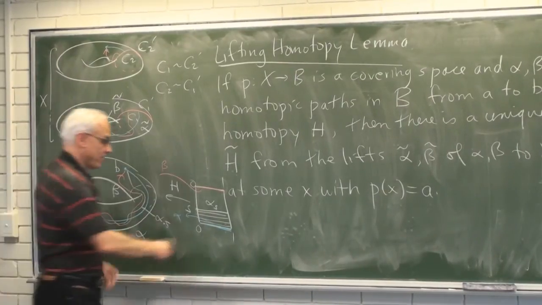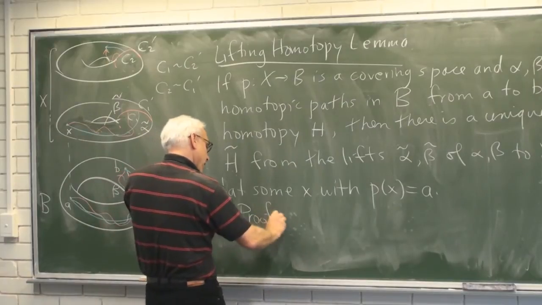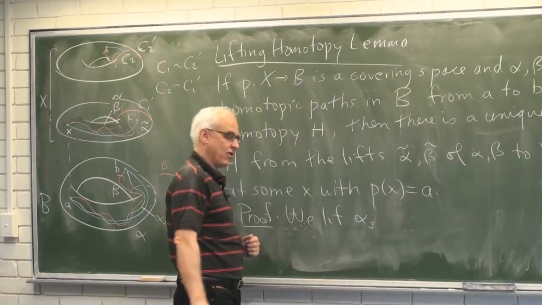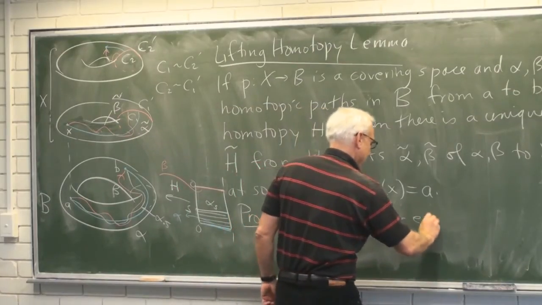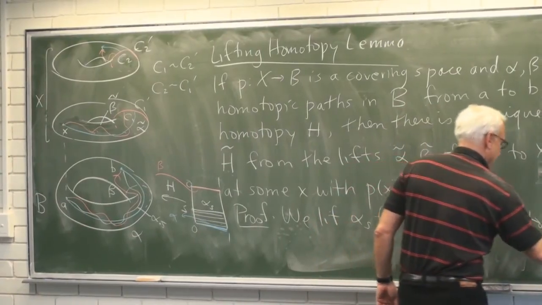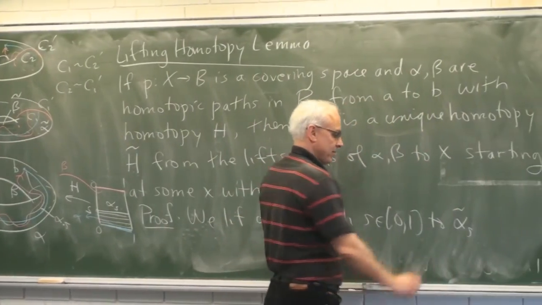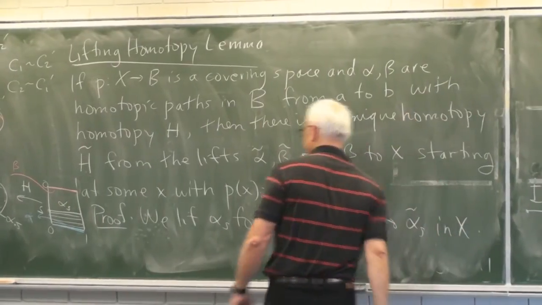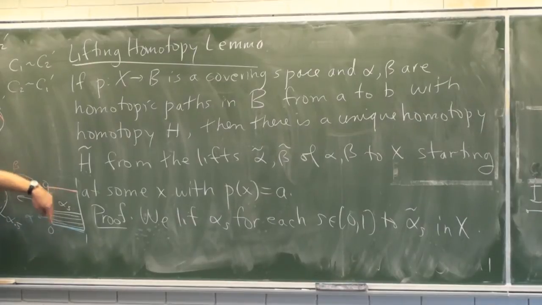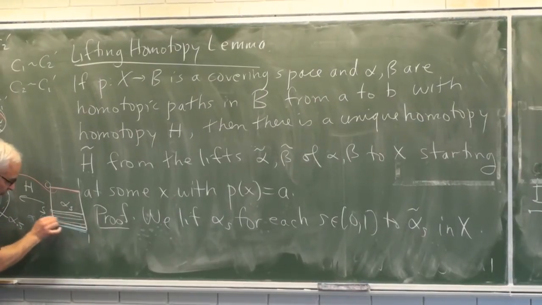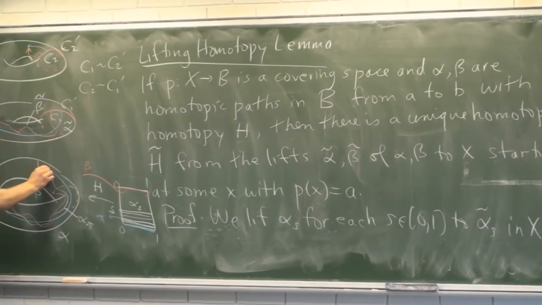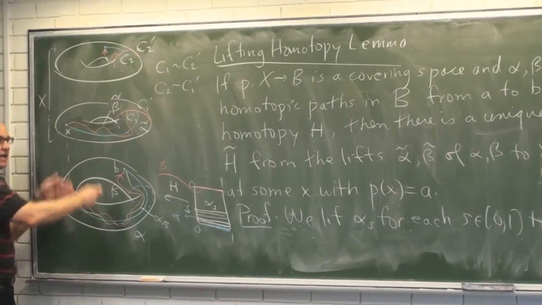Well, the proof is, we just lift. We lift alpha sub s for each s in [0,1] to alpha s tilde in X. In other words, in the homotopy here, each individual horizontal line gives an intermediate path. We take each one of those intermediate paths and lift them up.